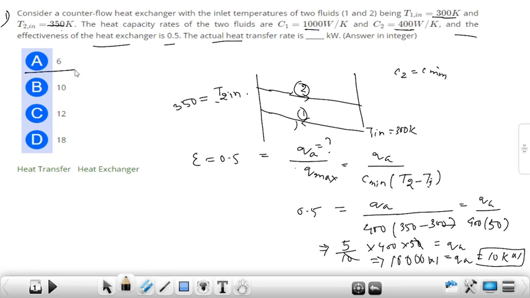It is option B, the correct answer. Next question.